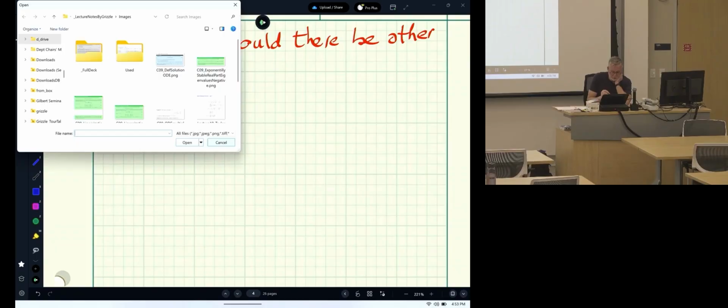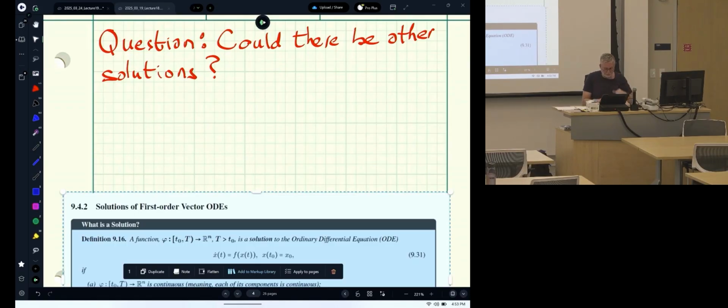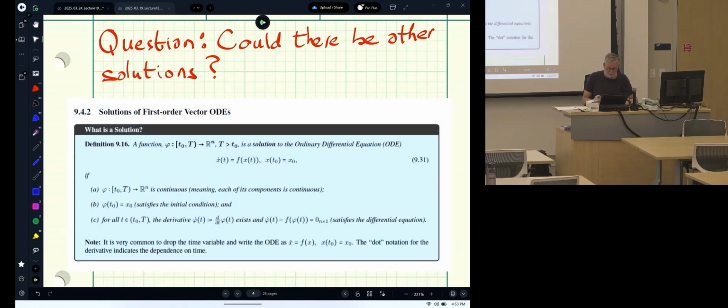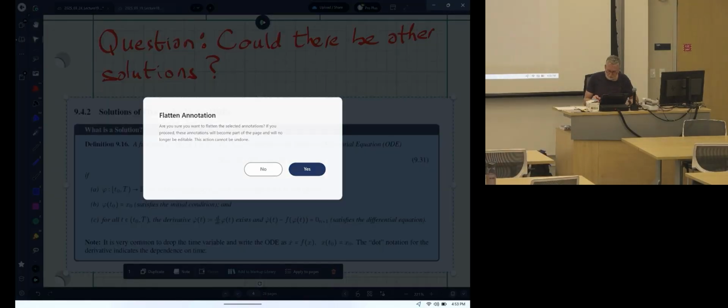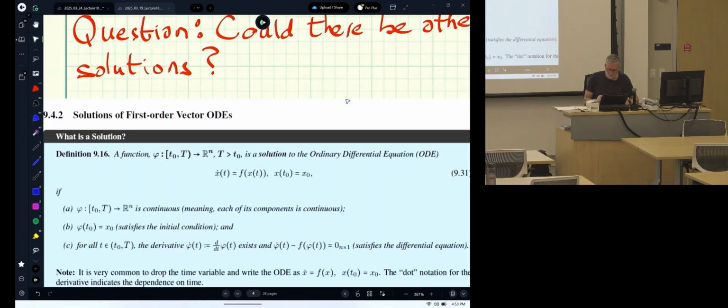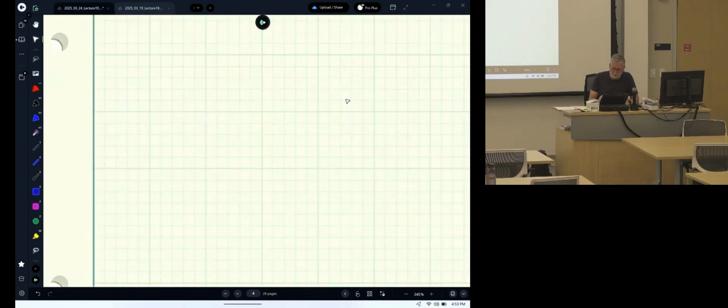Okay, we will paste this in so that you don't have to write it in, but you can just get it from the book. So this is the official definition of a solution of a differential equation. So we have our differential equation, has an initial condition.